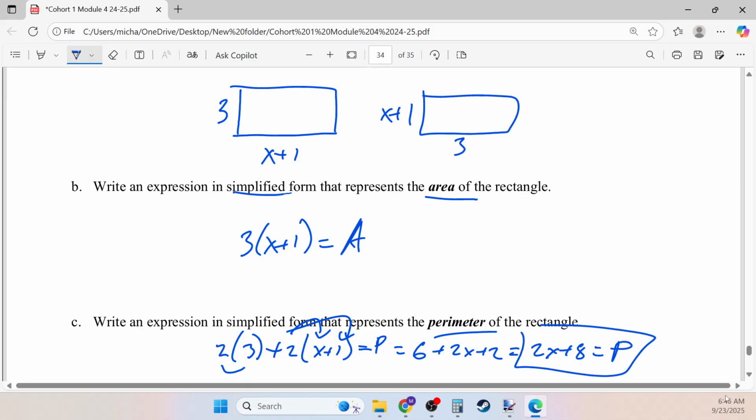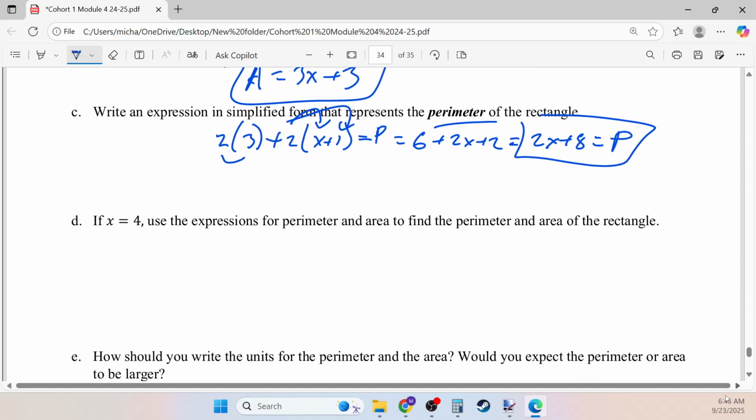Oh, and it says simplified. This is factored, and simplified is just not a great term because, depending on what you're doing, different things are simplified. But let's assume that they mean that we want to multiply this out. We get 3x plus 3.